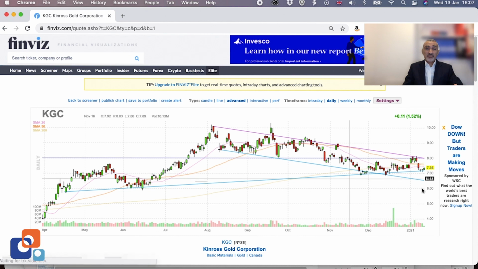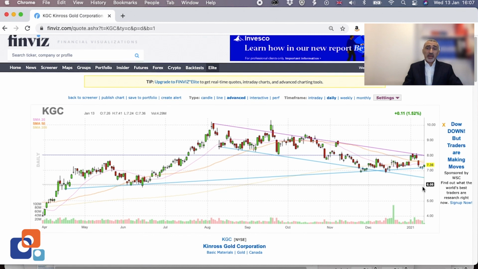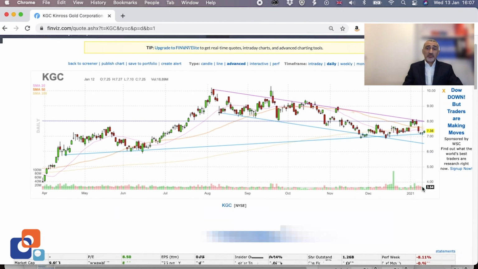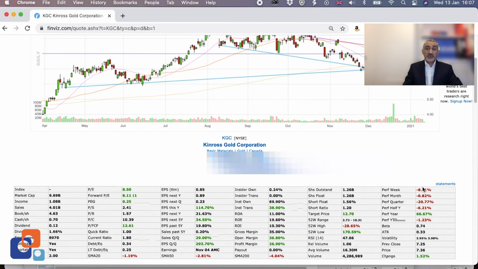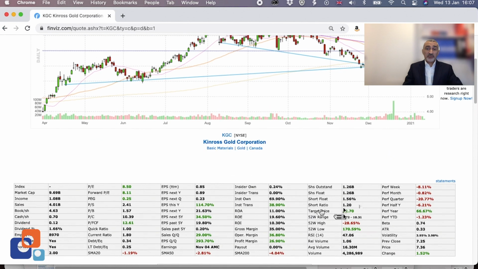This is then followed by this all-important table. The first thing I'll look for is the target price, which you can see here towards the right and just before halfway down. It says that the price is 12.70. If we go up to look at the current price, we can see that the current price is 7.36.